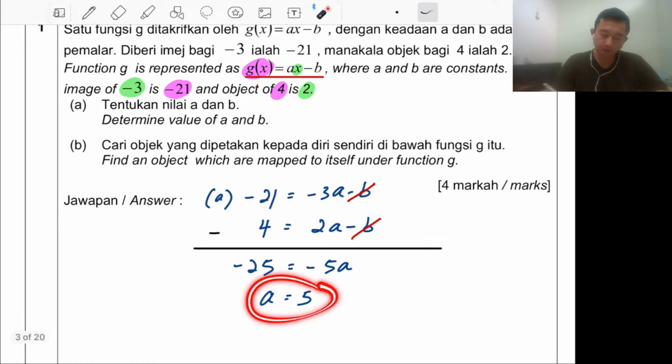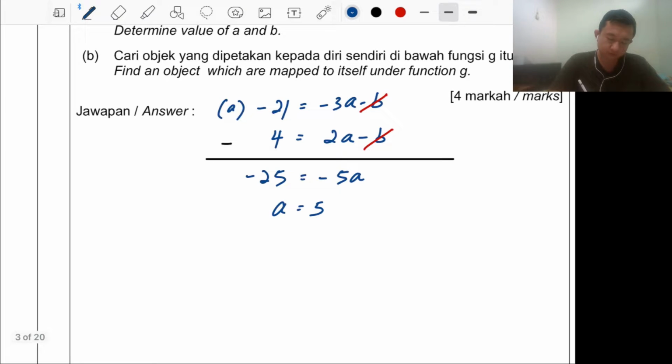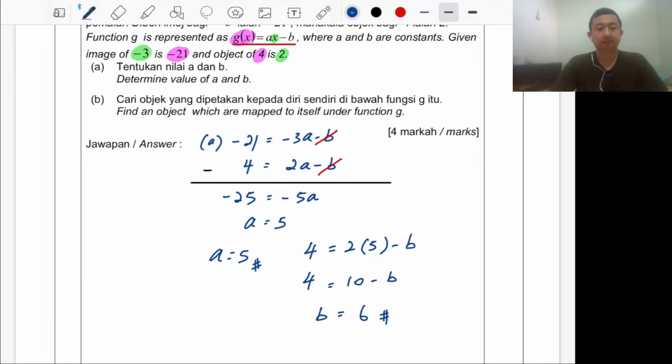Sub this value back to any equation, this or this. So a is 5, b is 6. This is the answer for the first question, the values of a and b.